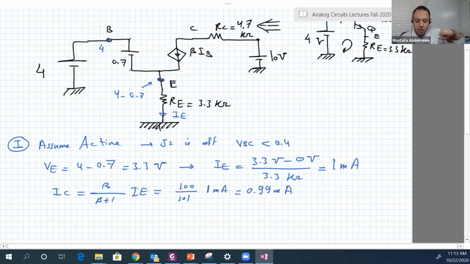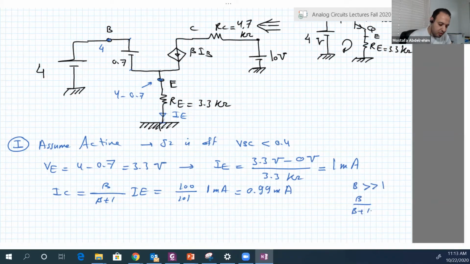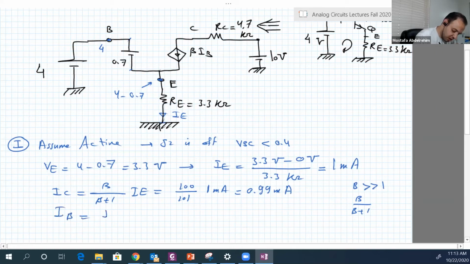And here is another observation. Usually in the active region, IE and IC are very close because beta is much, much larger than 1 all the time. So beta over beta plus 1 is just like 1000 over 1001, very close to 1. So this is IC. IB is very simple, IC over beta.